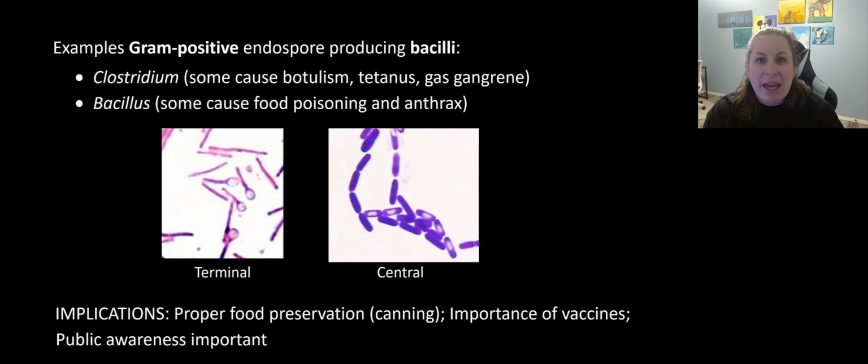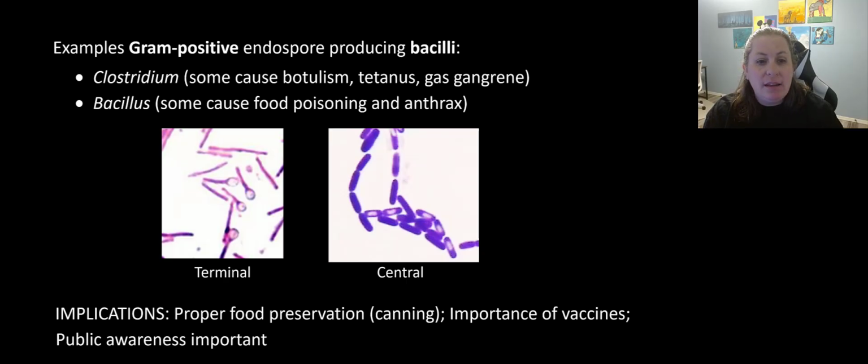So some implications when we're talking about these endospores is you have to make sure if you're preserving food, like canning, you use the process correctly. If you don't follow the process correctly, then you may introduce endospores into the canned goods, and it can actually then make you sick.